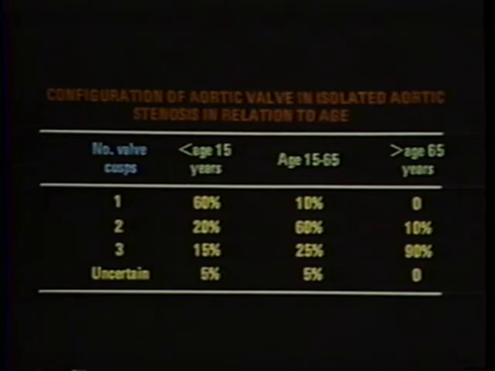In the age group 15 to 65, the most common structure is a bicuspid valve, that is two cusps. And in the age group over 65, most commonly a three-cuspid valve. So the principle: the younger the patient, the fewer the number of cusps. The older the patient, the greater the chance of three cusps.